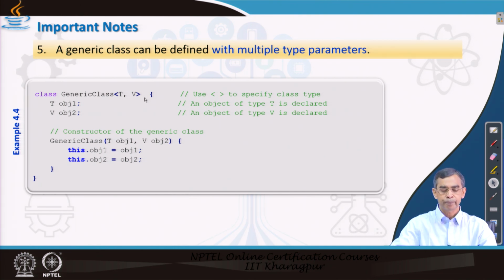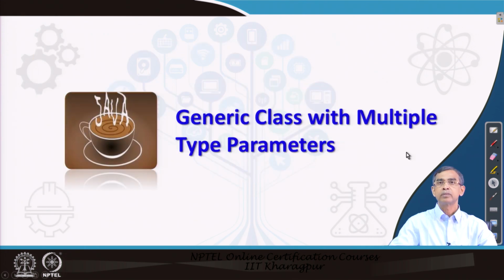So far as Java development programming is concerned, there is no limit, maximum up to 256 arguments that you can pass. Beyond 256, the Java virtual machine will not allow you to do that. Now, let us have an example about this generic class with multiple type parameters.